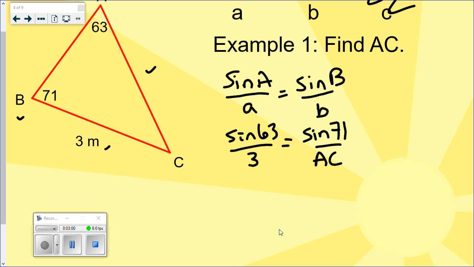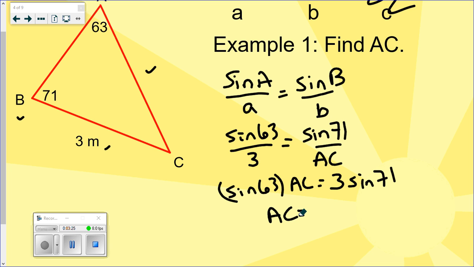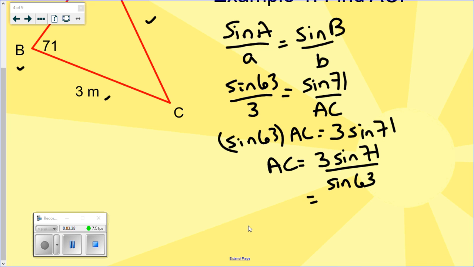Now, again, all right, for the first one, I am not going to assume that your algebra skills are up to snuff. All right, so I have isolated AC.